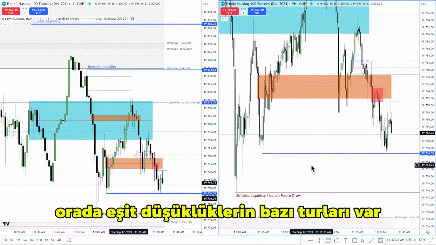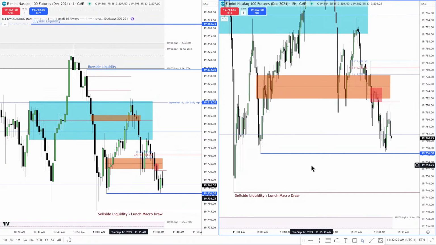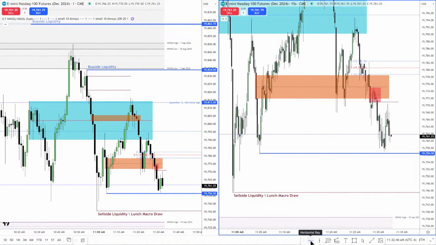Got some relative equal lows there. That would be a partial.